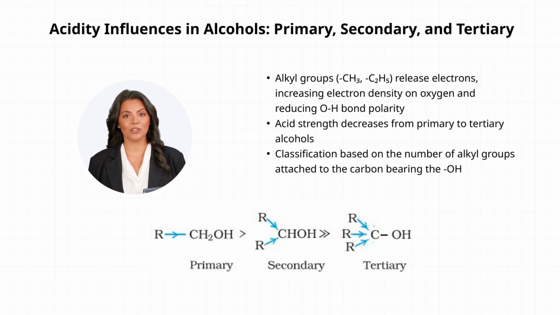This is because tertiary alkyl groups donate more electron density, stabilizing the bond and preventing proton release. The accompanying table summarizes this classification and the corresponding structural differences. By appreciating this, you can predict and explain chemical behaviors based on simple molecular architecture, a true power of chemistry.